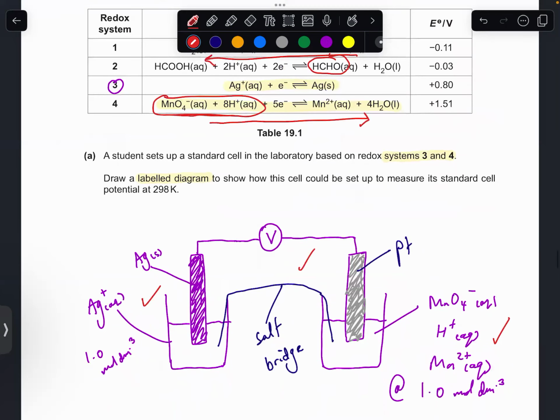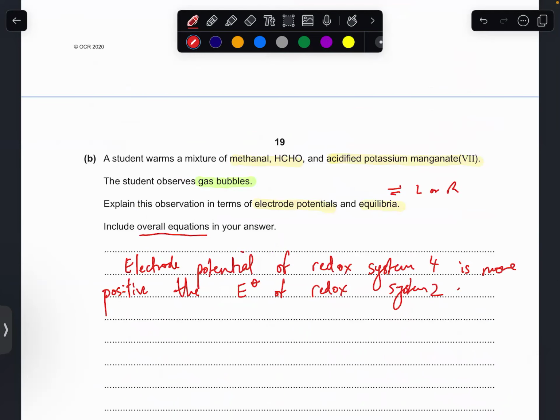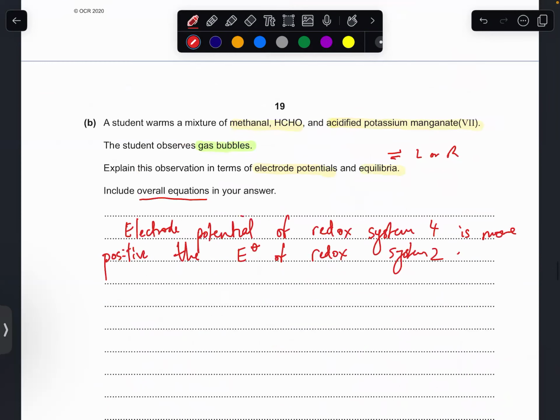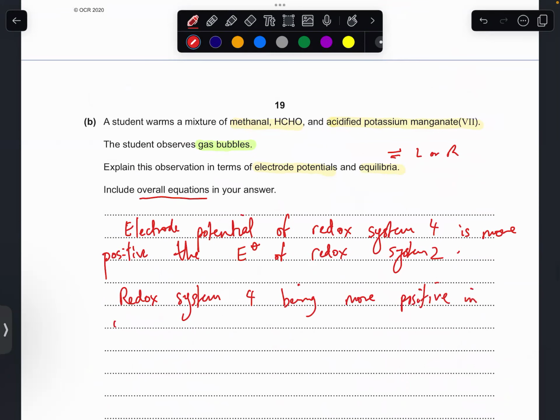So redox system 4 being more positive in its electrode potential, the equilibrium shifts to the right-hand side.